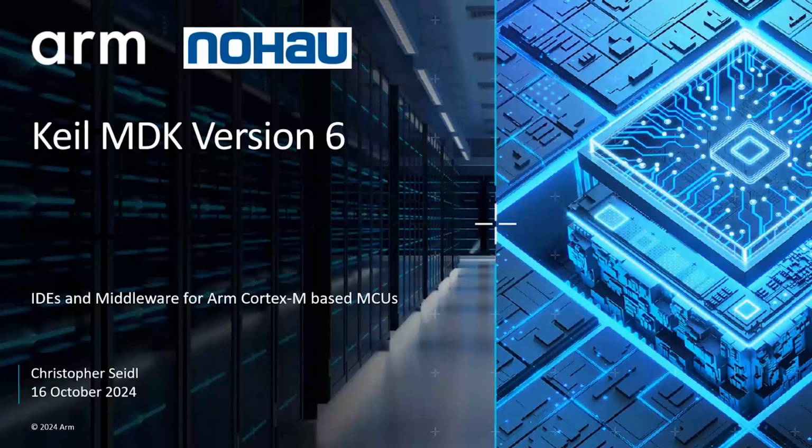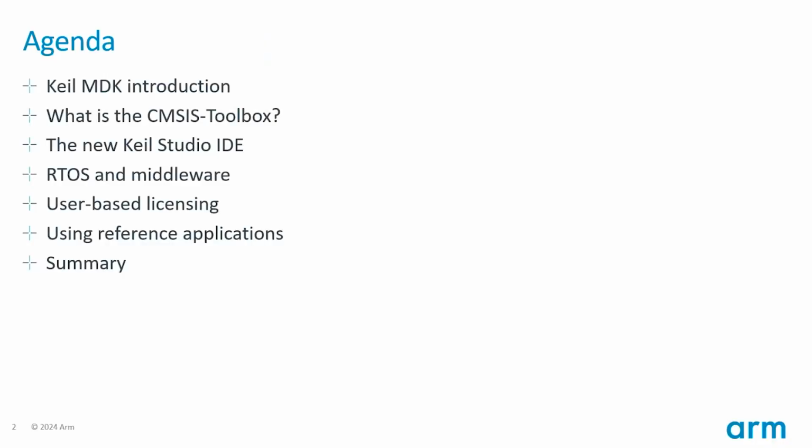So, Keil MDK version 6. I hope you know Keil MDK already. If not, I will give you a quick intro about what we had so far. This is the agenda for today. I will give you the introduction. I will talk about the CMSIS-Toolbox and our new Keil Studio IDE.